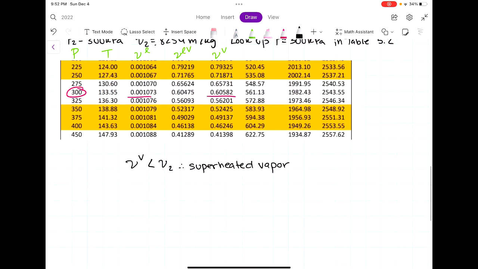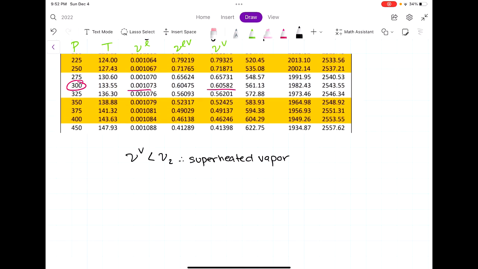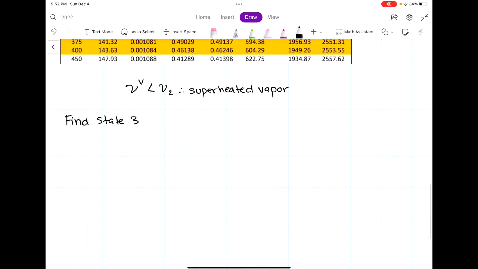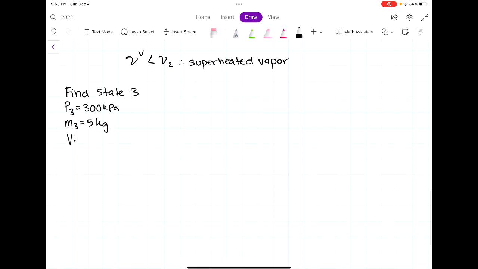Now let's go ahead and find state 3. In state 3, we have that the pressure is equal to 300 kilopascals. We also know that the mass, it's a closed system, right? So mass is still 5 kilograms. And we know that the volume in state 3 is equal to the volume of state 1 times 1.2.